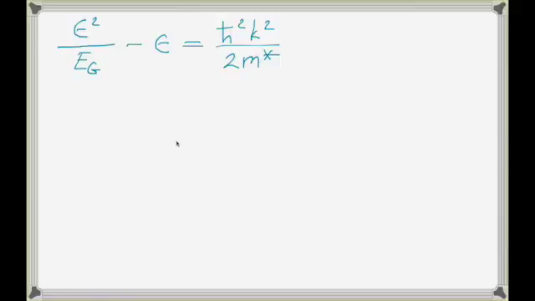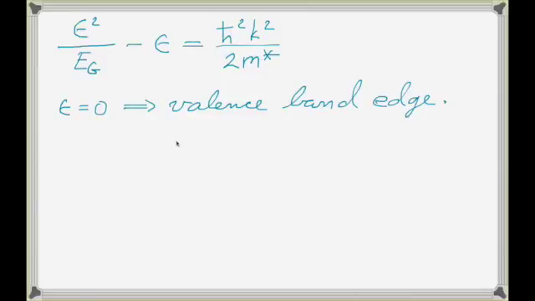And so the final equation, dividing through by the band gap, is as follows. The way we wrote our dispersion initially was that the zero of energy, epsilon equal 0, corresponds to the valence band edge. Now I'm only interested in the conduction band, so I would like zero to correspond to the conduction band edge, so I don't have to carry around some extra constant.